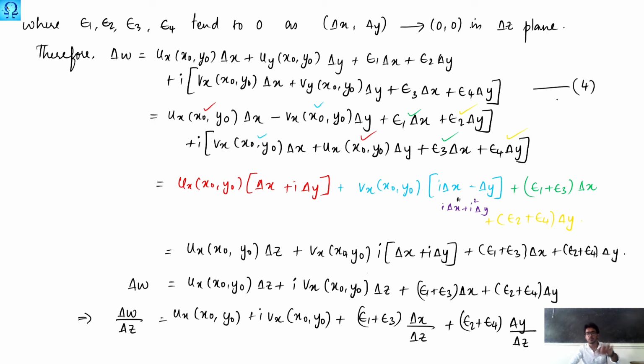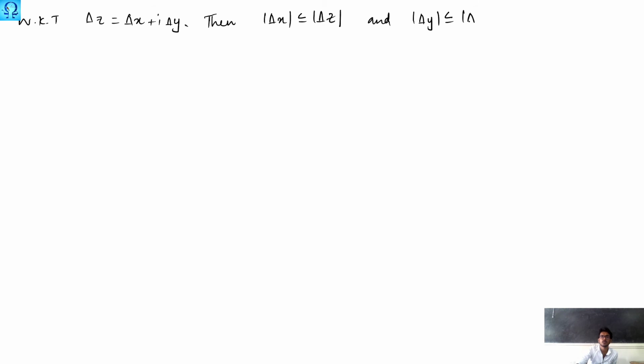Okay, now we will have to observe something. We know that your delta z is delta x plus iota times of delta y, and due to the fact that, if this is true, then absolute of delta x is smaller than or equals absolute of delta z, and absolute of delta y is smaller than or equals absolute of delta z.